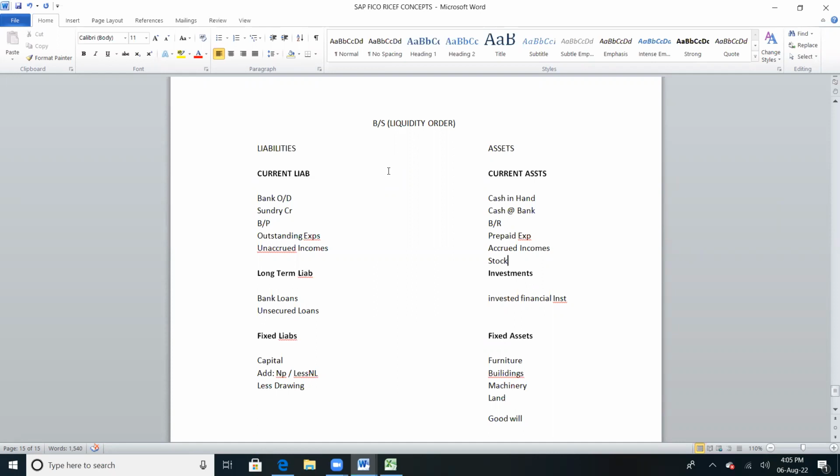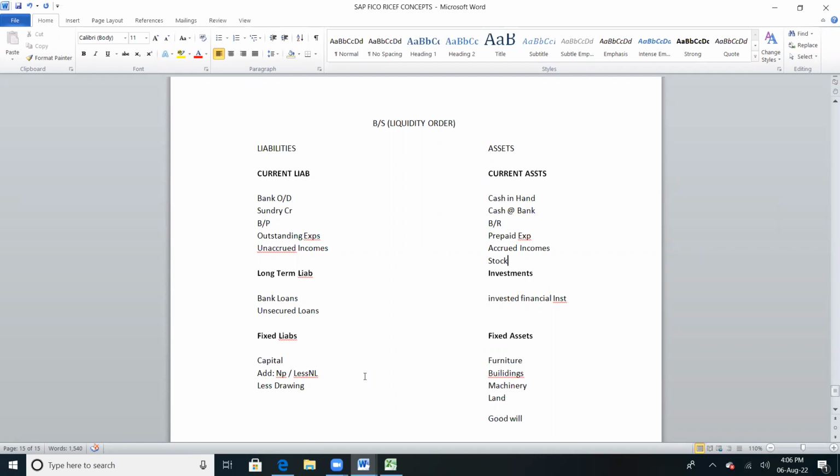And the most urgent payment will be shown last, that is bank overdraft. So understood now, everyone? There are only two methods or two types: liquidity order and permanence order. So in liquidity order, now you know what has to be done, and in permanence, what has to be done, right? And write down a note.